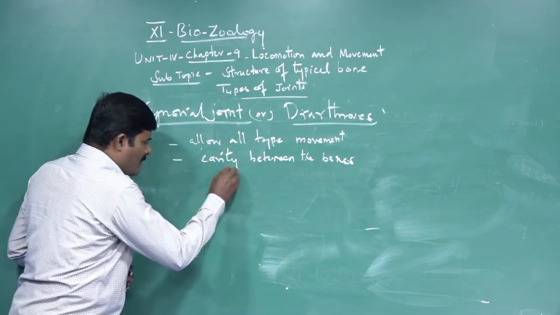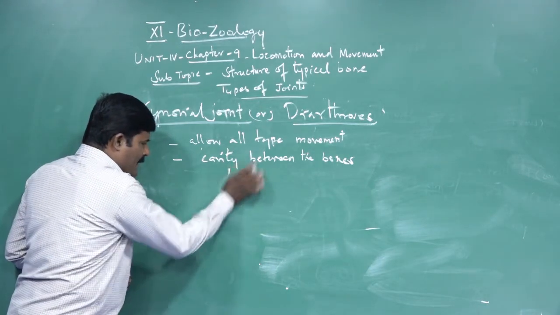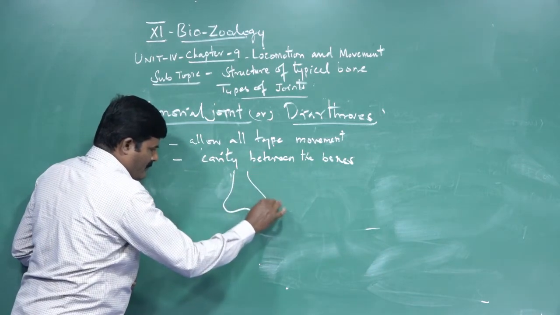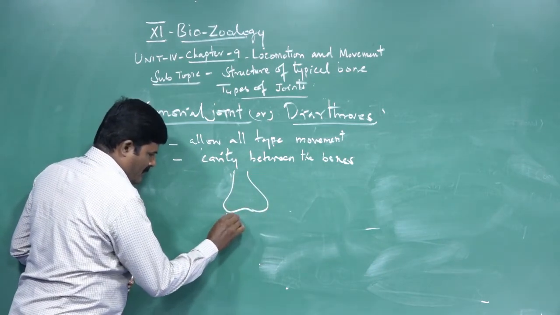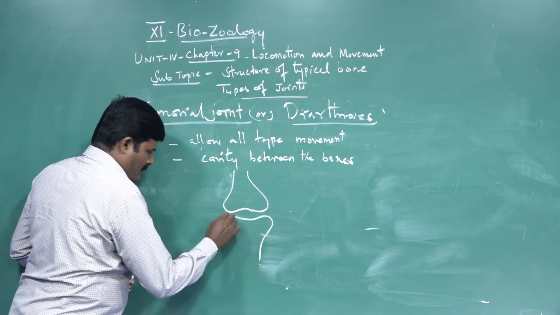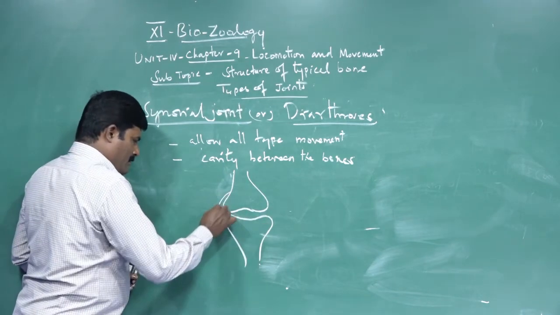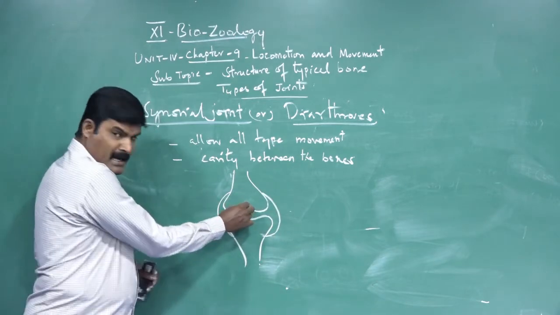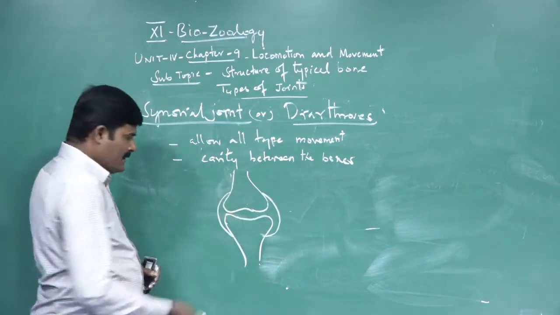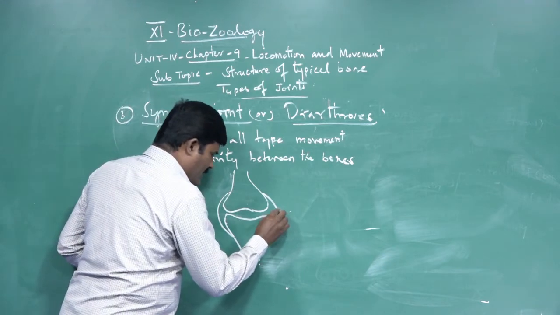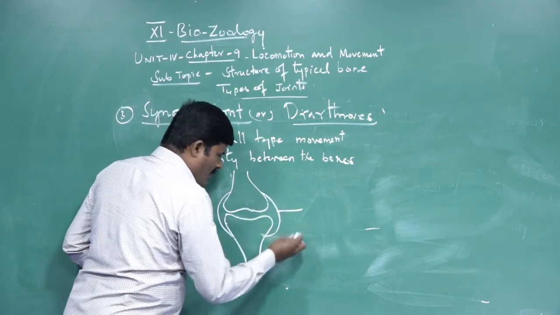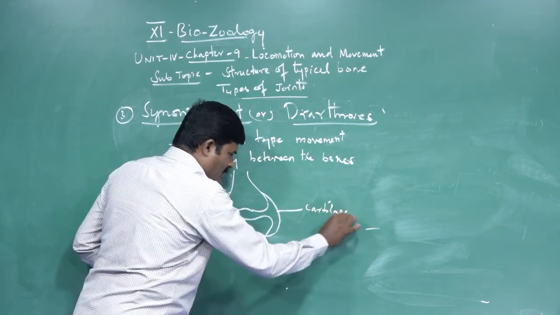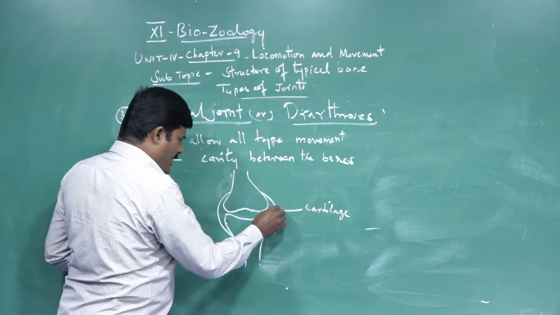Listen carefully. How is the synovial joint made? This is one bone end, and this is another bone end. These are covered by what? Cartilage, articular cartilage.